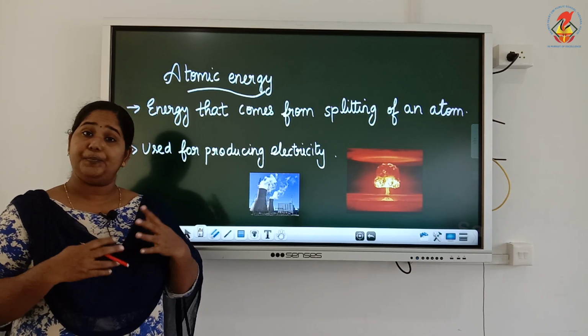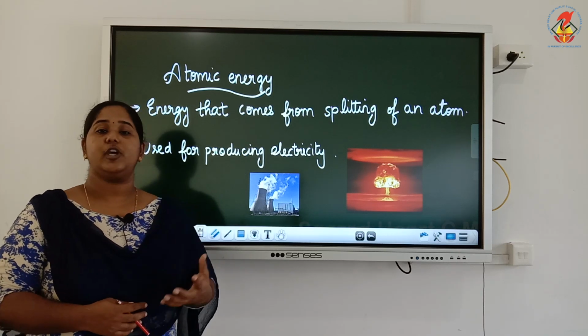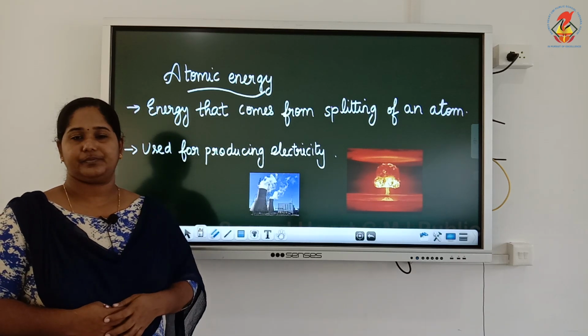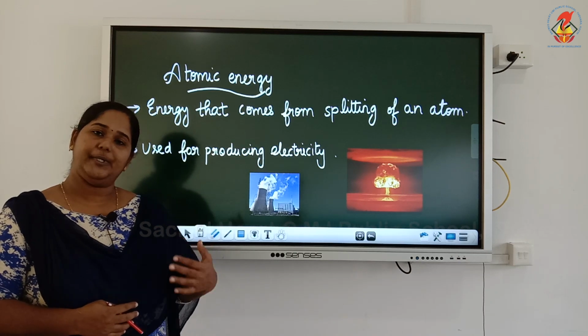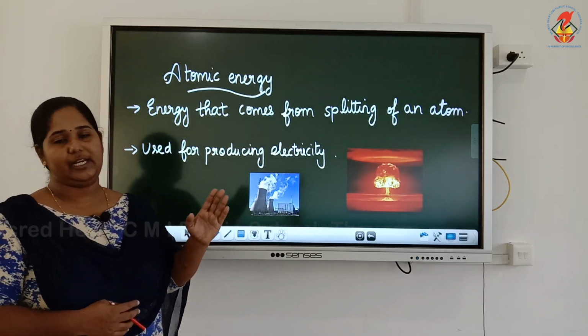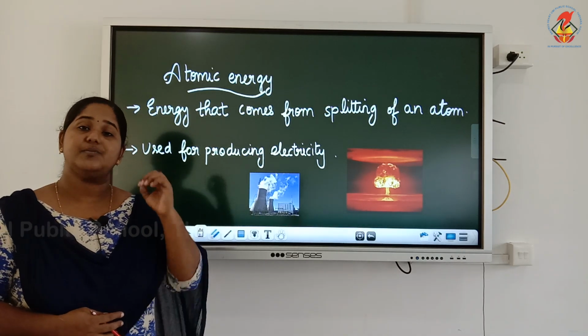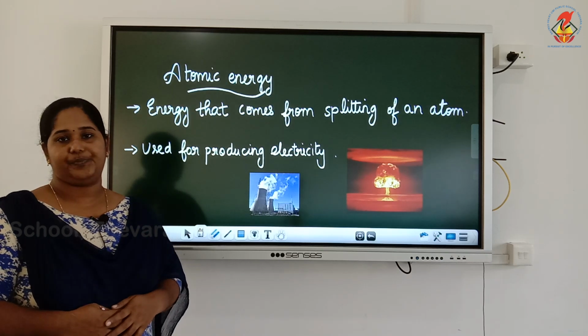It is split, and a lot of energy is required to split up this atom. The energy obtained by splitting of this atom is called atomic energy. Atomic energy is obtained from the splitting of a very small particle called atom.